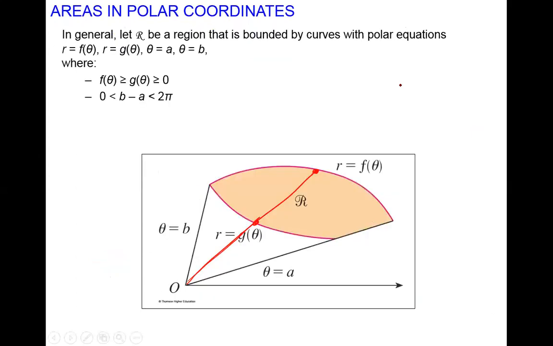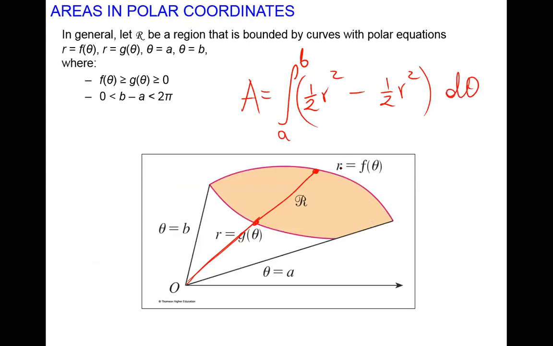Actually, hang on, because the area will be an integral from A to B, 1/2 r squared minus 1/2 another r squared. And let's say this will be the longer, the first one, and this will be the shorter, the second one.